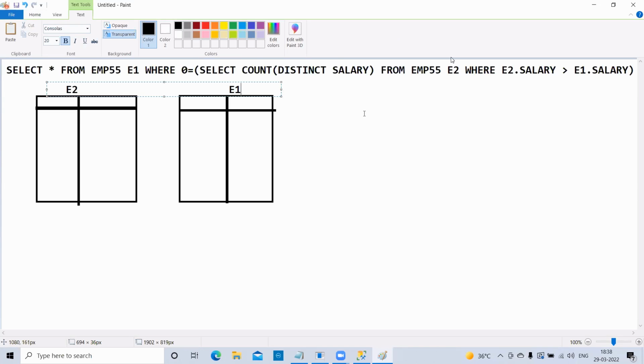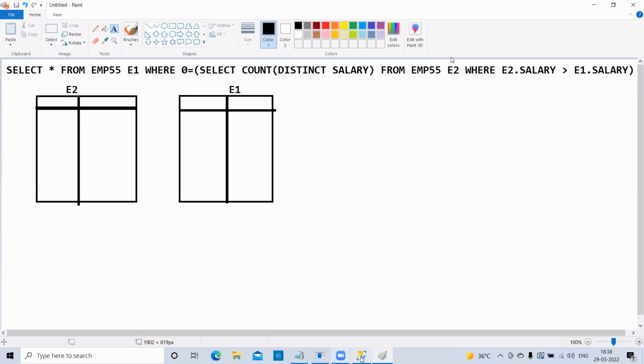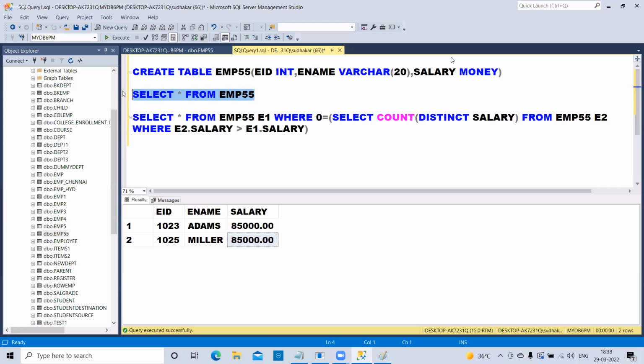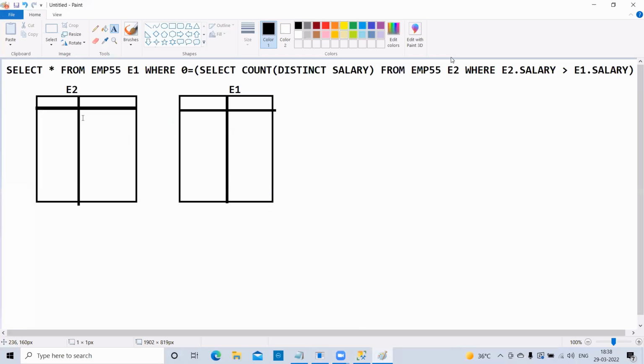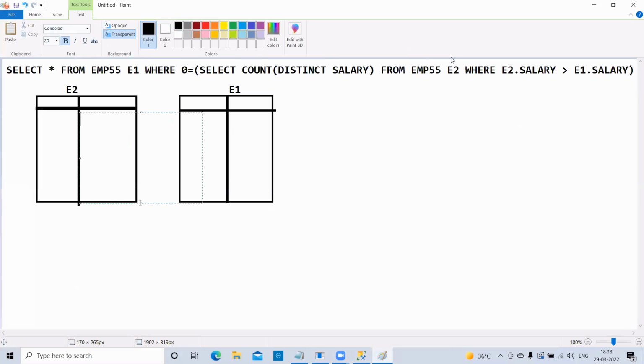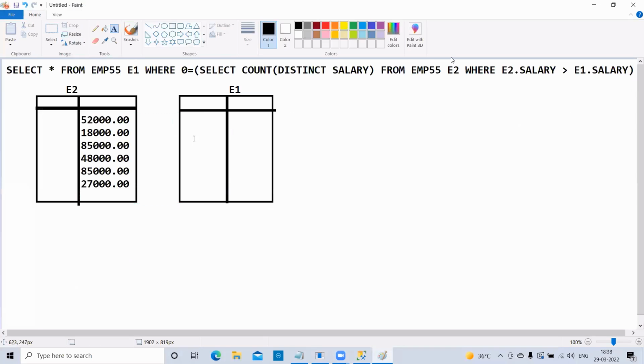After that, whatever the table information we have, my salary information, we need to copy and take those salaries in this, and here also I will take those salaries.